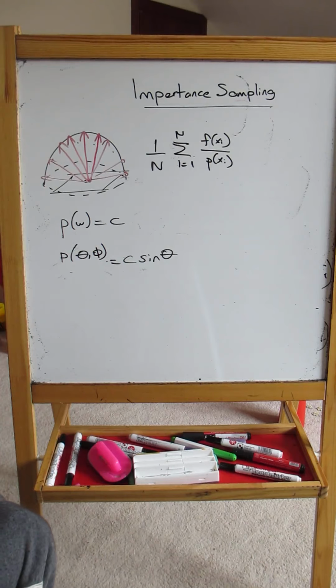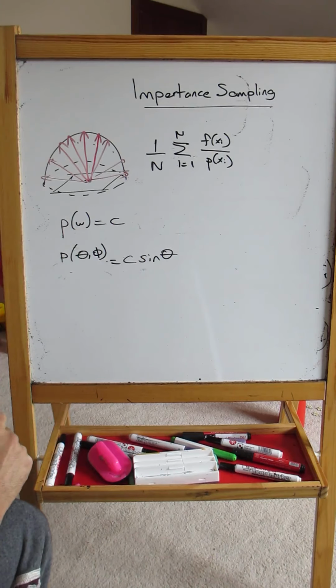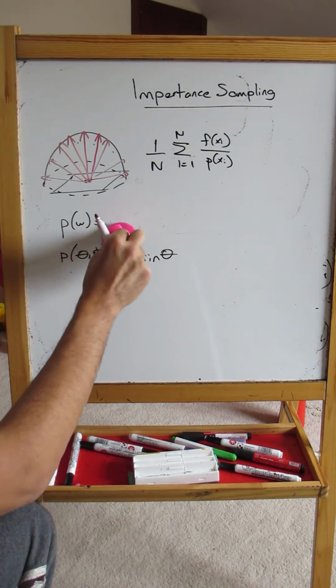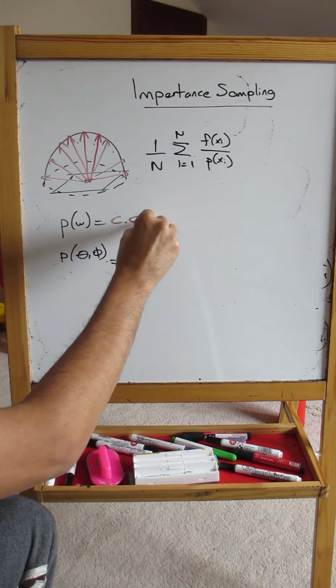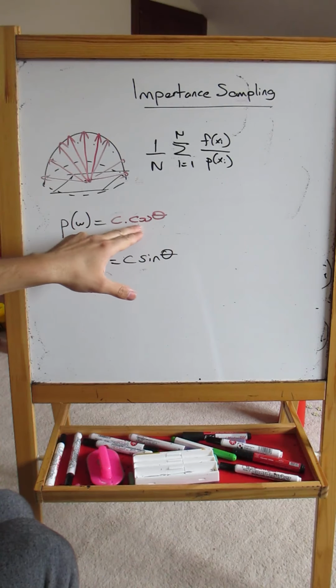Now in addition to this, instead of this C being constant, what we want now is to have C times cosine theta. Which means we want to give more probability when cosine theta has a larger value.